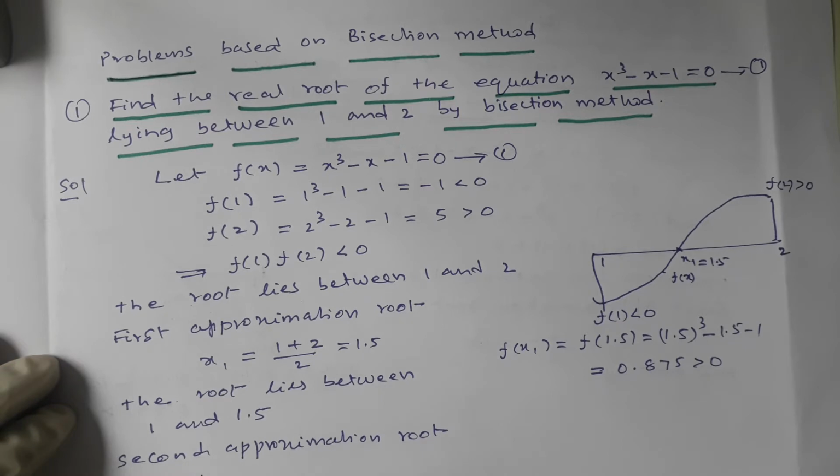x2 is equal to 1 plus 1.5 divided by 2, which is equal to 1.25.